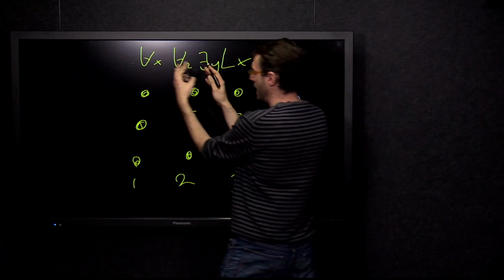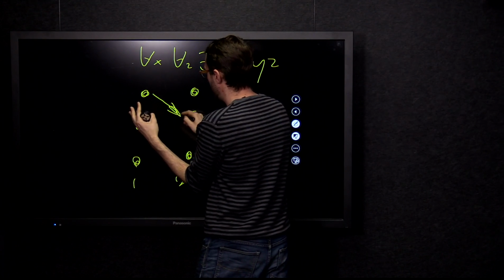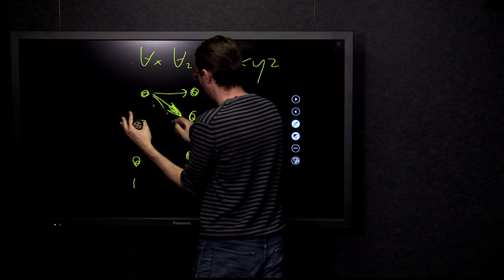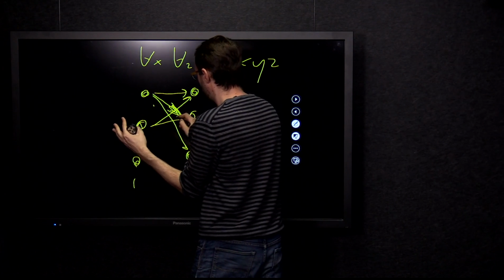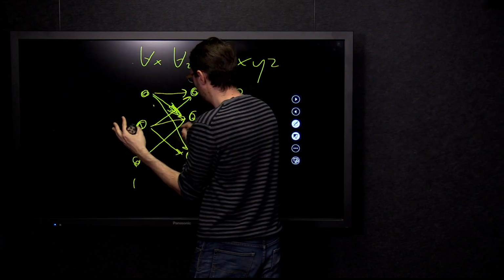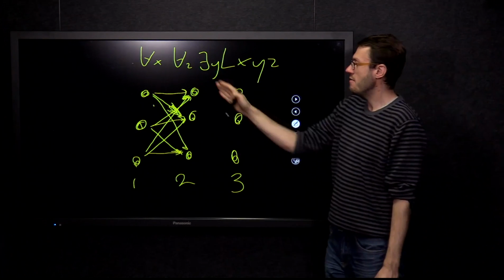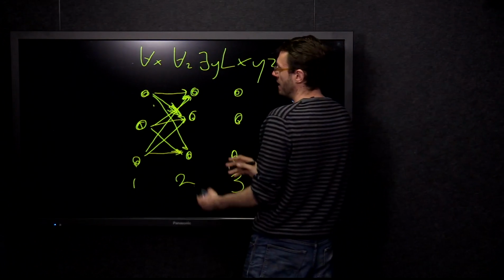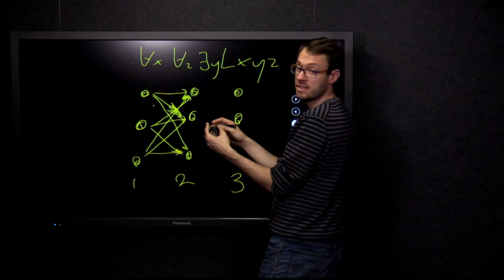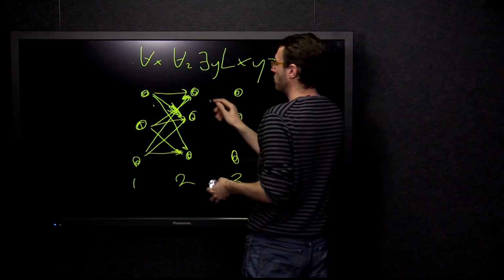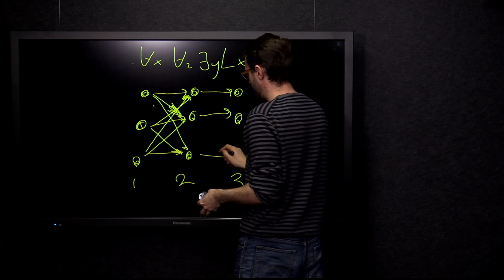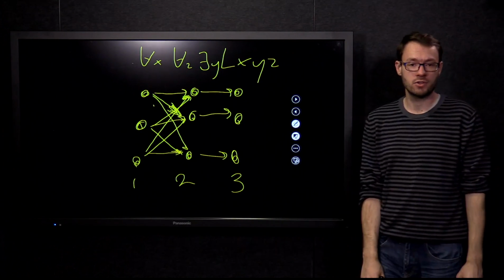So if I just look at the x and the z, I know that what I'm going to have is everything over here being sent to everything on this side, for all x, for all z. And then when for all z, for some y, I'm sending each of these things to one of those things over there. So I'm going to end up with something like this kind of structure.